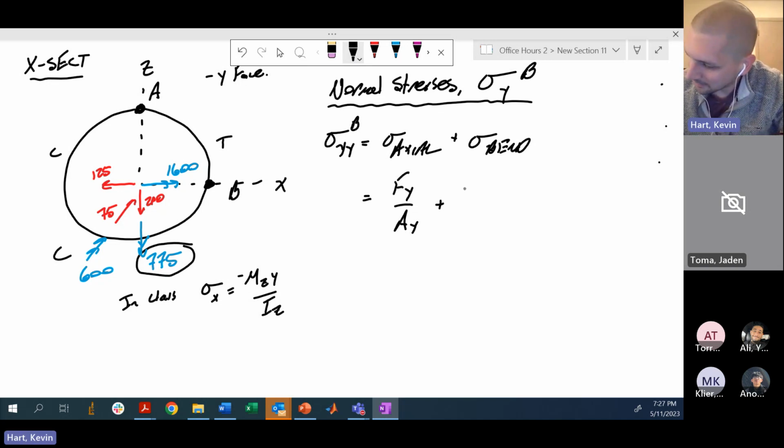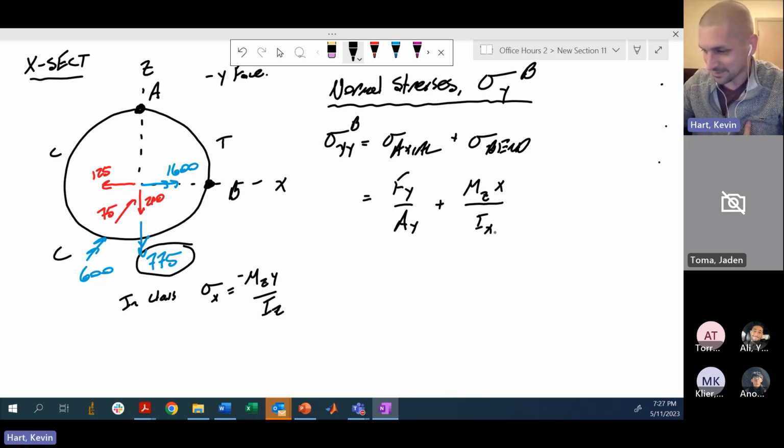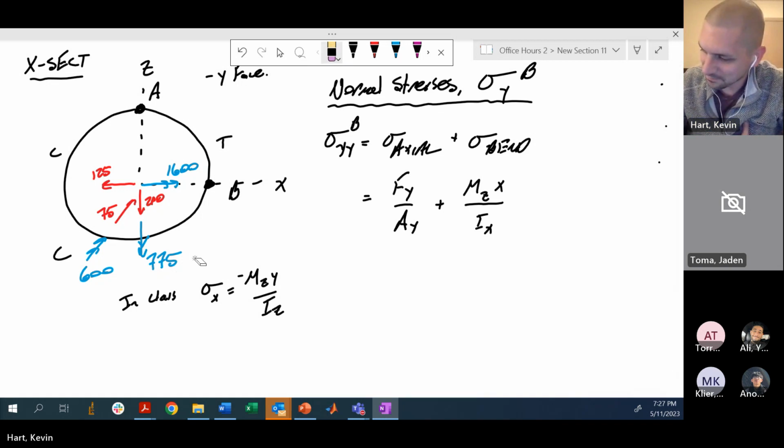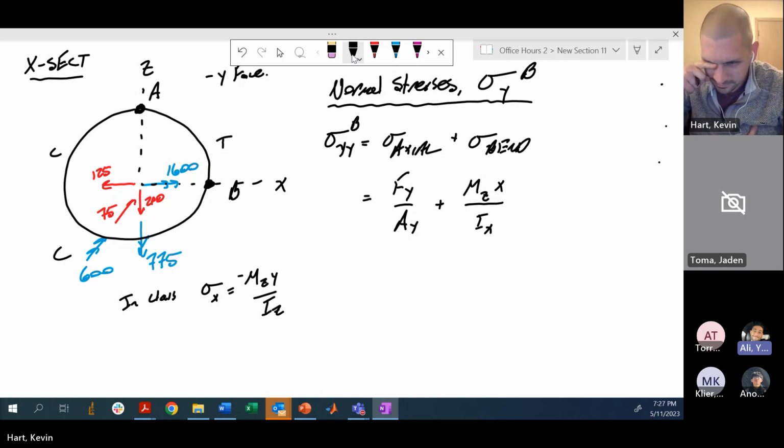So we're going to have something like Mz x over Ix. How would I write this? Positive value, because we're going to be in tension. Excuse me, quick question. The reason why the tension and compression are reversed is because we're looking at the negative y face, right?